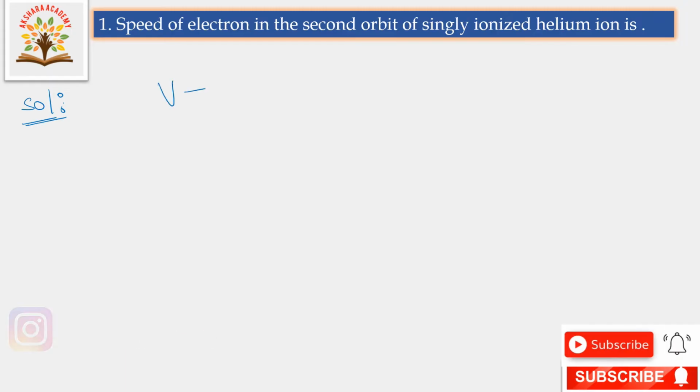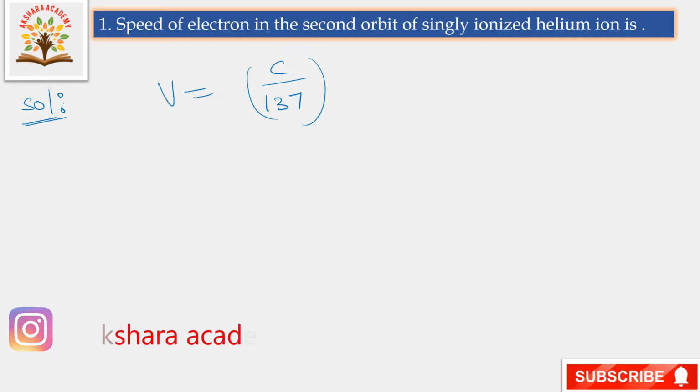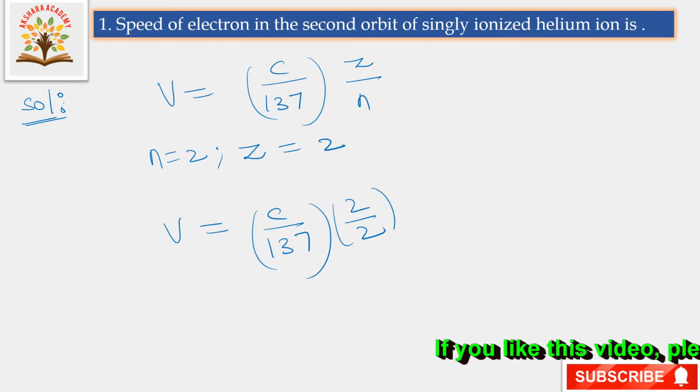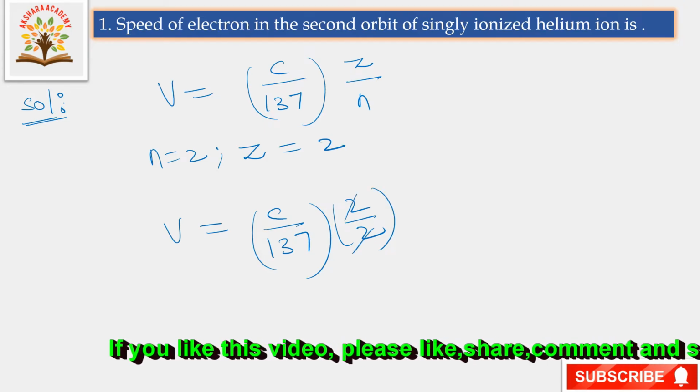Speed of electron V is equal to C by 137 into Z by N. Here the given N is equal to 2 and Z is equal to 2. So V is equal to C by 137 into 2 by 2. Substituting Z and N values, the 2s cancel.